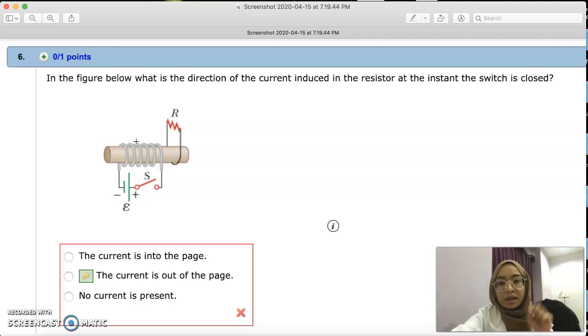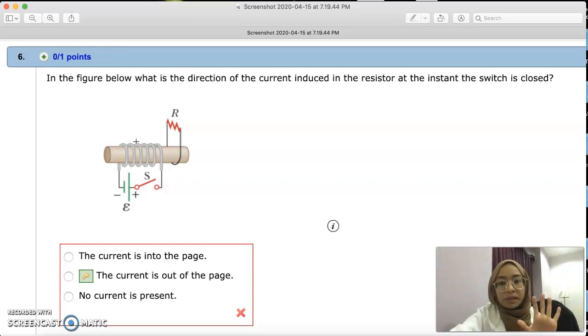Now, using your right hand rule, curl your hands according to the direction of current. If your current is going upwards, it goes like that. If your current is going downwards, it goes like that. Here our current is going upwards, so I curl my fingers going upwards like that, which means that my magnetic field is to the left.